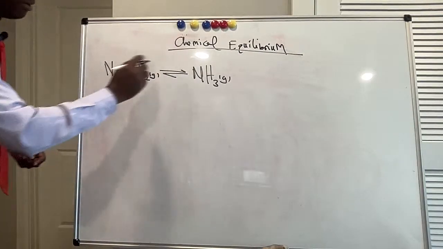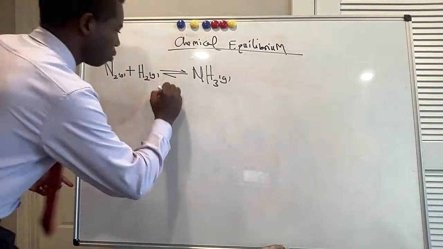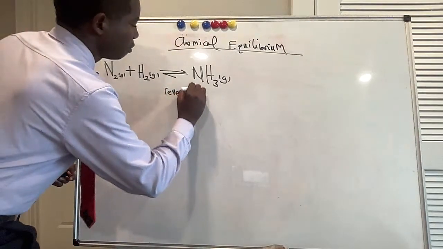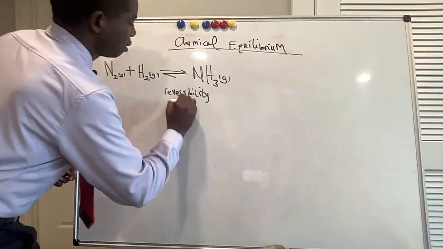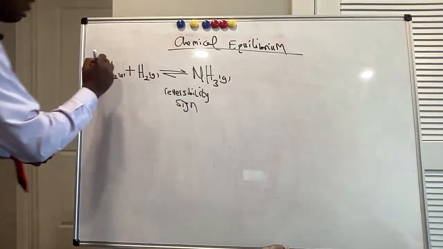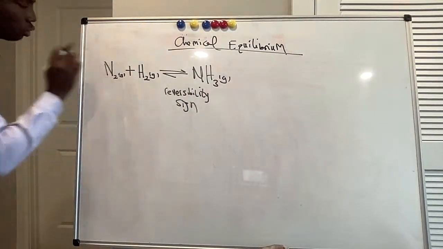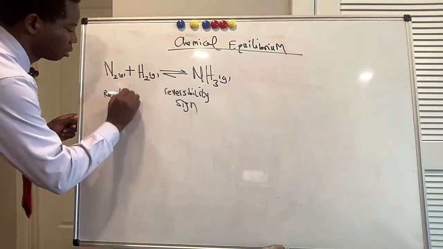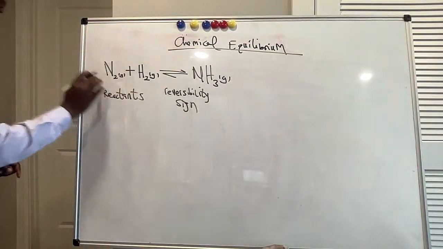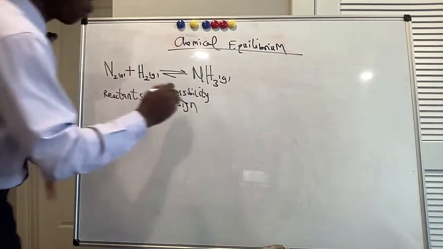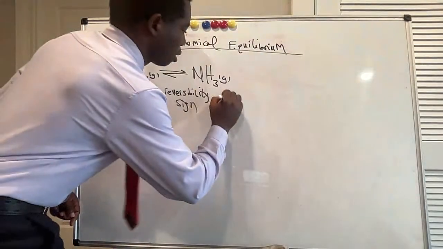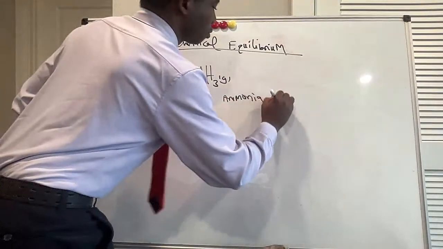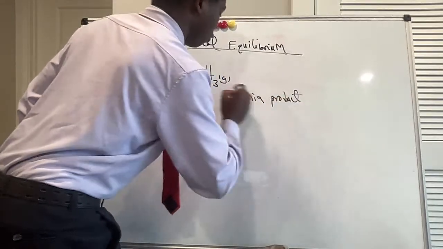This is the reversibility sign. These are our products. Nitrogen and hydrogen, they are our reactants. The product here is our ammonia. Ammonia is our product.